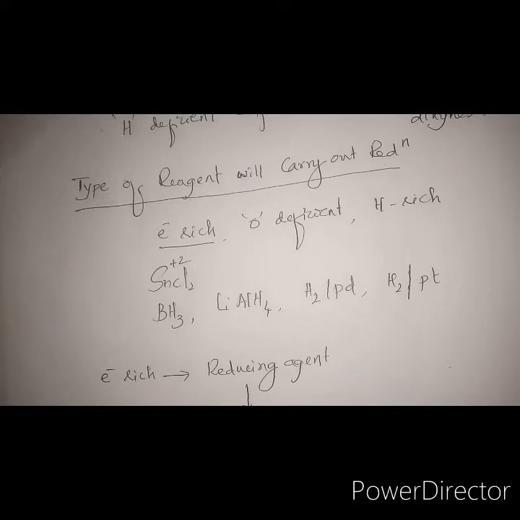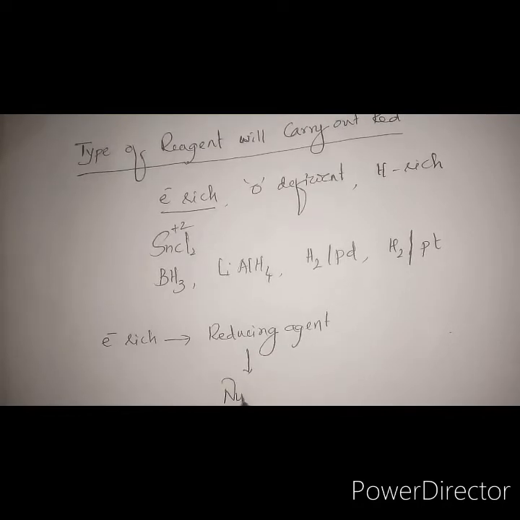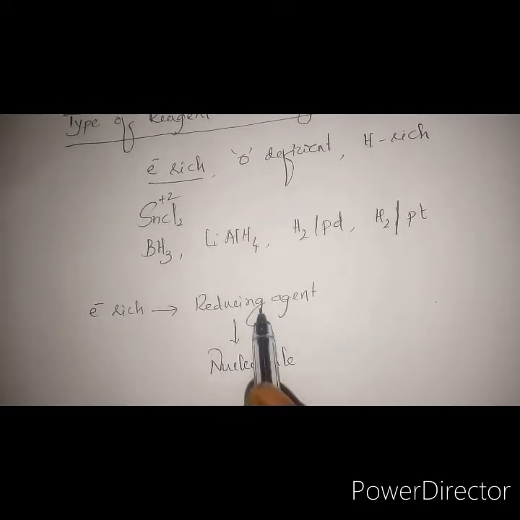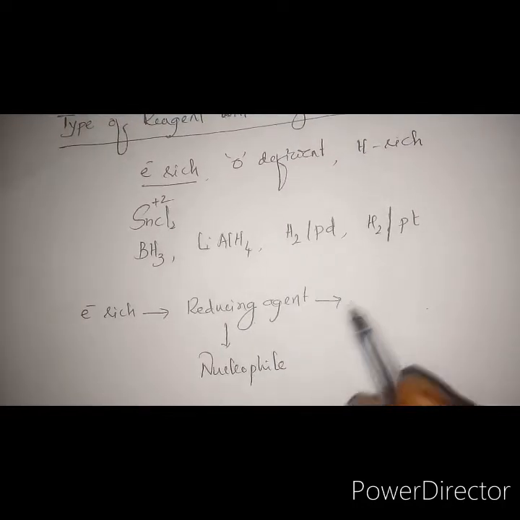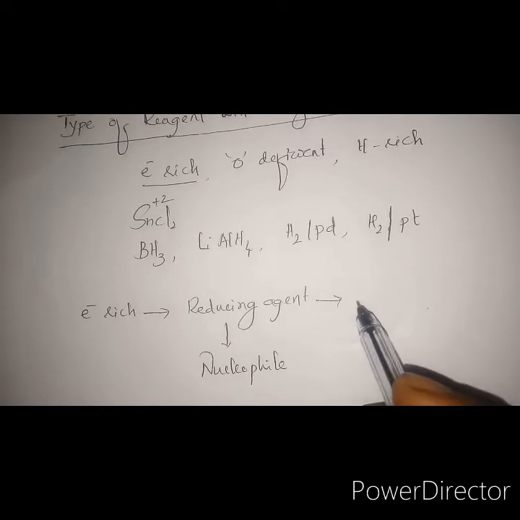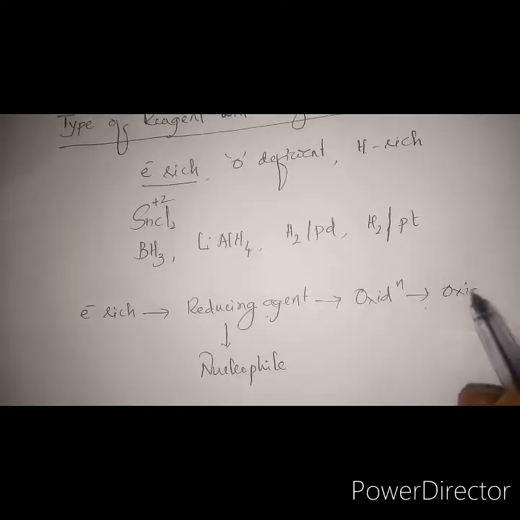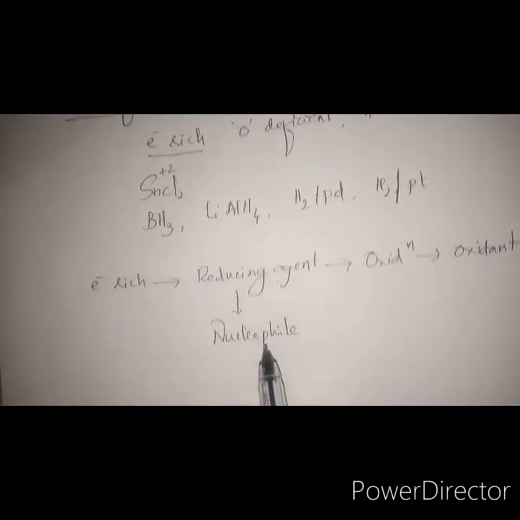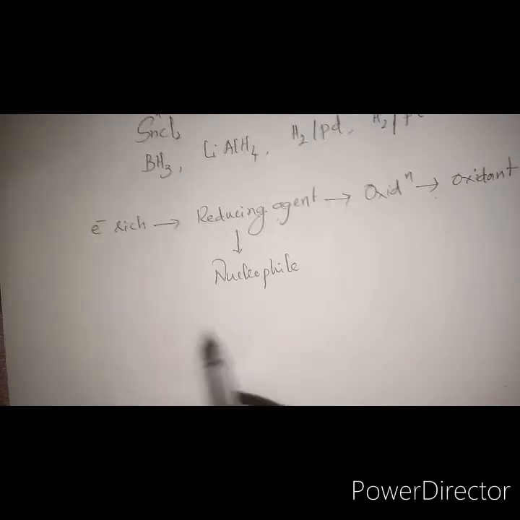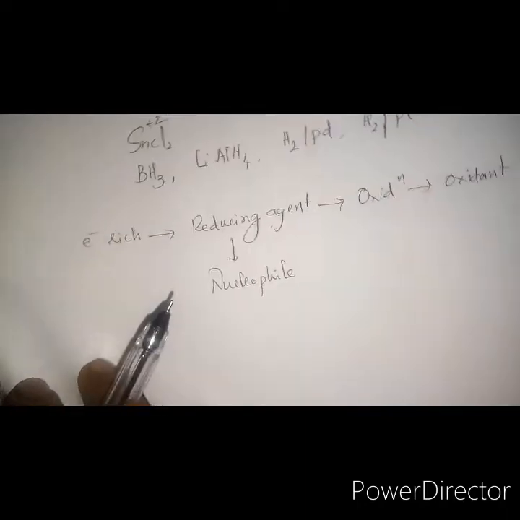An electron rich species which carries a negative charge we can call a nucleophile. It is not exactly a nucleophile, but we call it that to simplify things. The electron rich reducing agent gives electrons, while the other species lacks electrons and removes them. Therefore the reducing agent itself undergoes oxidation, so the reducing agent is also called an oxidant. So this is a brief introduction to reduction reactions.